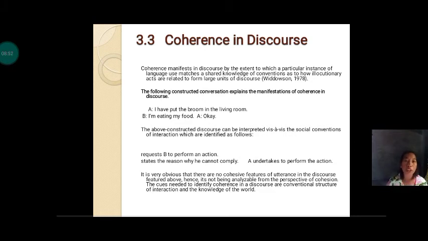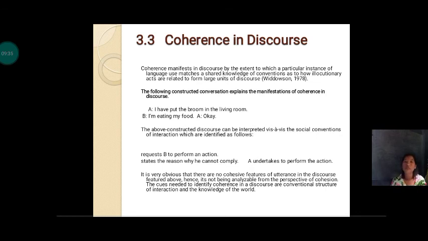The following constructed conversation explains the manifestation of coherence in discourse. A: I have put the broom in the living room. B: I'm eating my food. A: Okay. That is the conversation. The above constructed discourse can be interpreted via the social convention of interaction, which is identified as follows: A requests B to perform an action, B states the reason why he cannot comply, and A undertakes to perform the action.